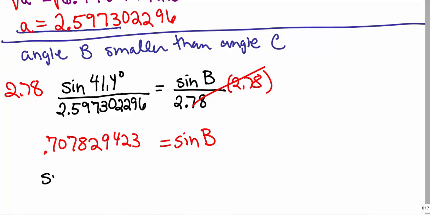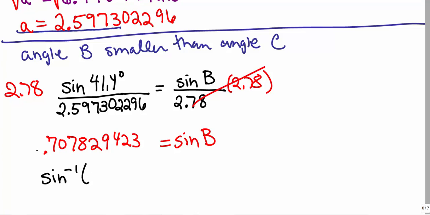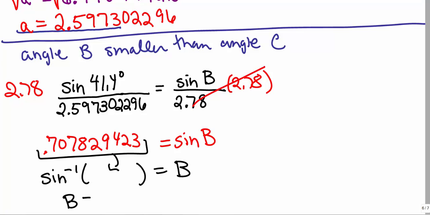And we're going to let the calculator tell us what angle from quadrant 1. So sine inverse, we're going to feed this into the sine inverse function to solve for angle B. And the calculator tells me that angle B would be approximately, we'll go ahead and round to the nearest tenth here, 45.1 degrees.